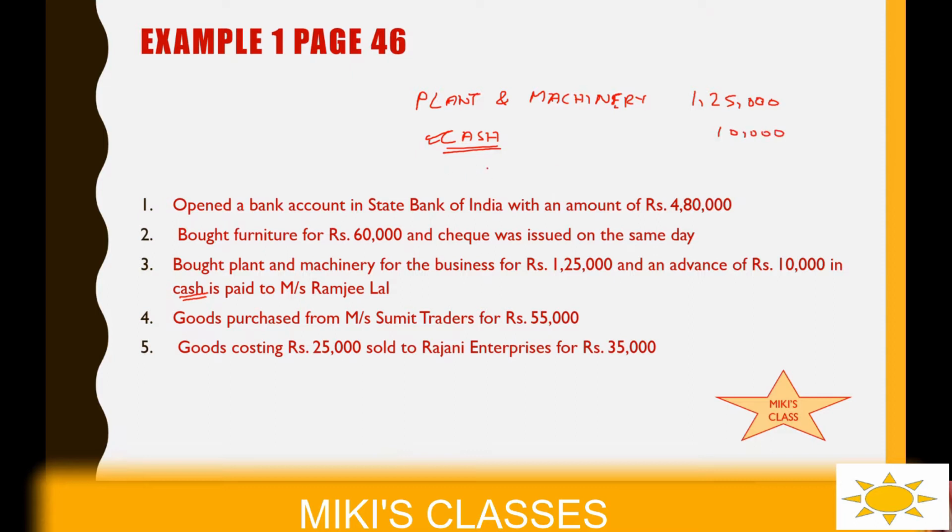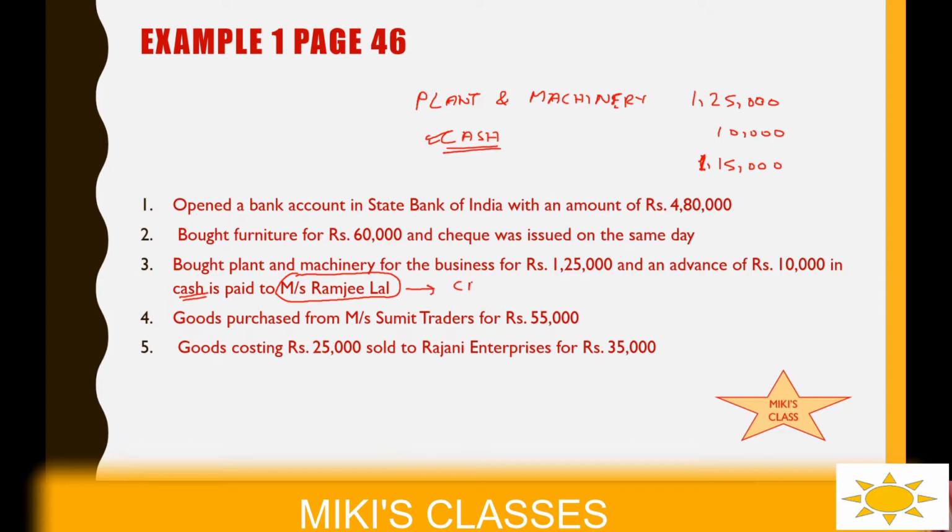What happens to the rest of the money? What happens to the balance? This 1,15,000 which has not been paid, what happens to this? So when you carry on business for a long time with a supplier, and in this case, I'm assuming that this Ramji Lal is a supplier for this business for long, what happens is this part has not been paid.